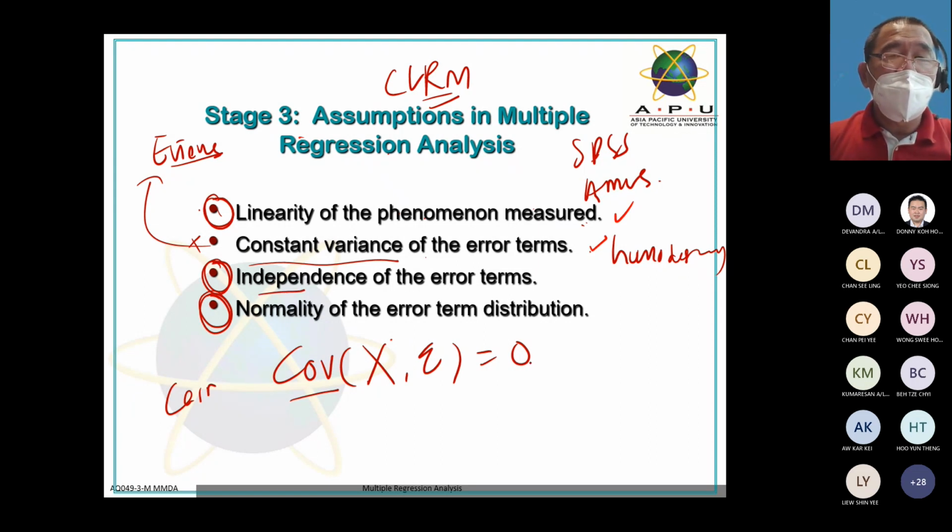So the independent variable and the error term have no relationship. Another one, the error term must follow the normal distribution. Assumptions 1, 3, 4 we can do using SPSS, either today or next class. So these are the 3 assumptions.